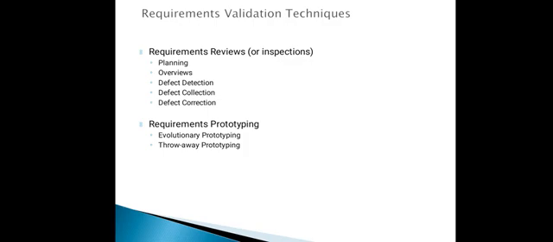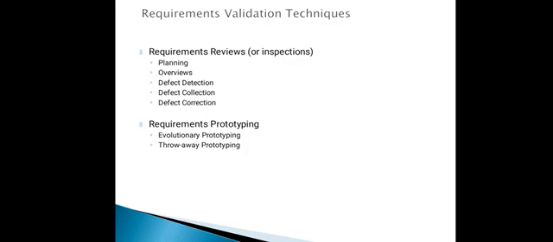During the planning phase, different people are selected, assigned different roles, and different materials are given to them. An inspection is done by a group of people that includes the author of the SRS. Second is overview. In this phase, the author of the software requirement specification presents it to the other inspection team members.